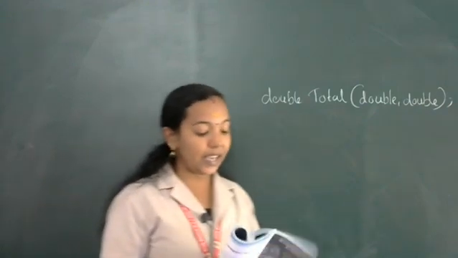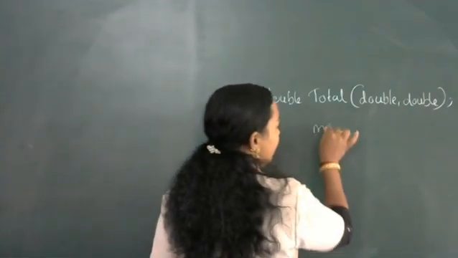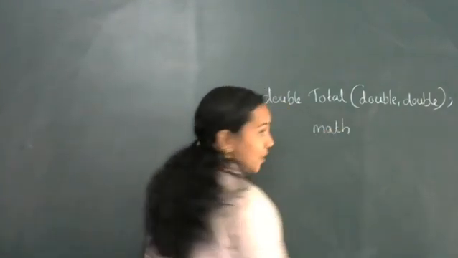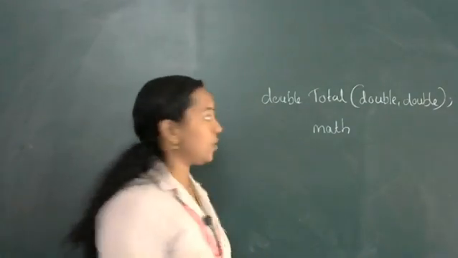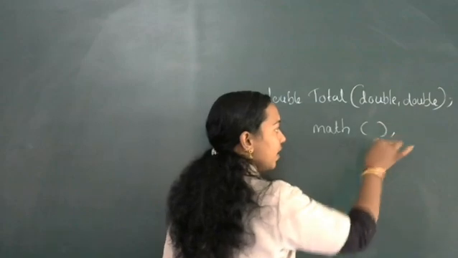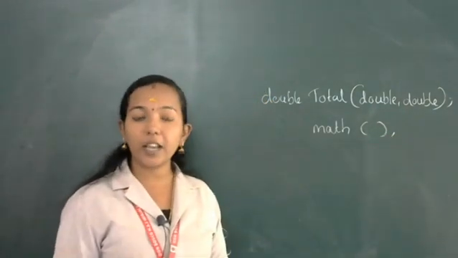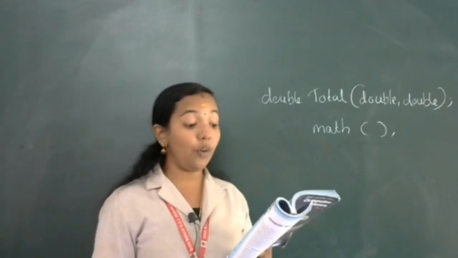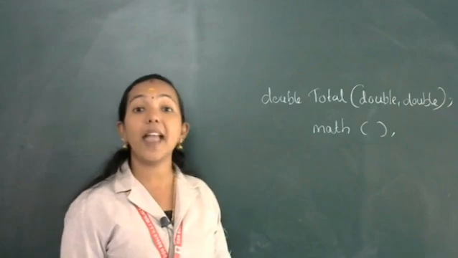Then the second one, math function. We know the function name: math. Then it takes no argument, so that's why inside the parentheses there will be no argument. Then what will be the return type? It has no return value, which means it returns an empty value.